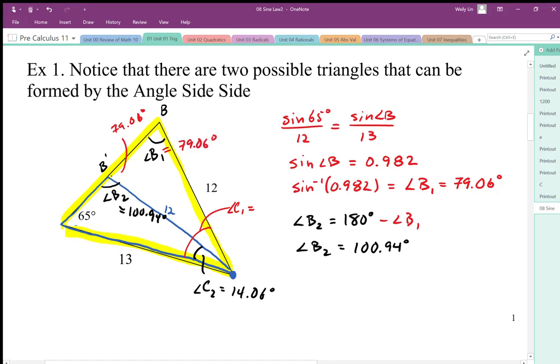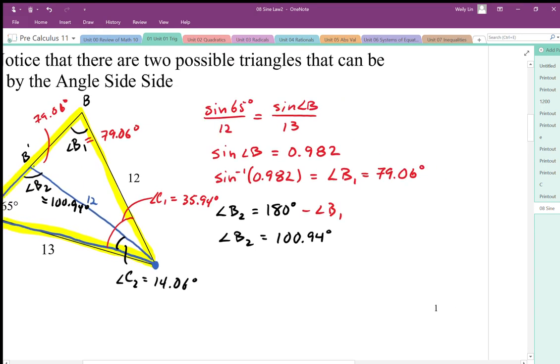So I do 180 minus the same 65 minus now 79.06, and this angle ends up being 35.94 degrees. So I have all three angles now. I have two sides. At this point we just need to solve for the final side here, and we can use the sine law to calculate the final length using the two different angles.